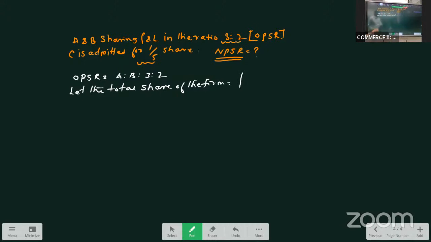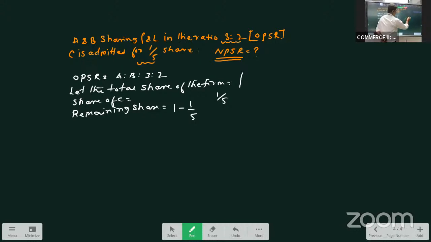Let us take this as 1. Then what is the share we are giving to C? Share of C is 1 by 5. Okay, so what will be the remaining share left for old partners? Remaining share is 1 minus 1 by 5.